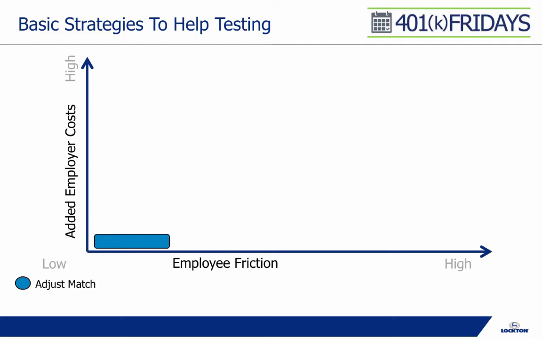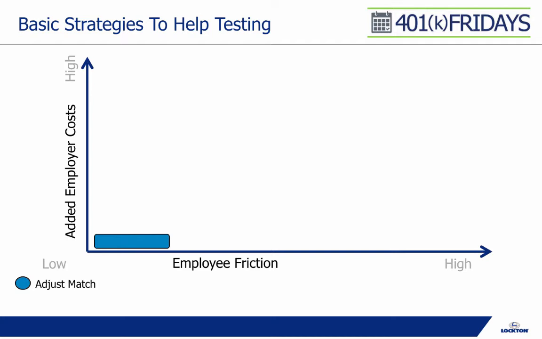Well, if the employer does not want to spend more money, we could change that match from 100% on the first 2% to 50% on 4%, or 33% on 6%, or 25% on 8%. All of these would have roughly the same financial impact, but would give the employees a much higher target range to receive the company match.